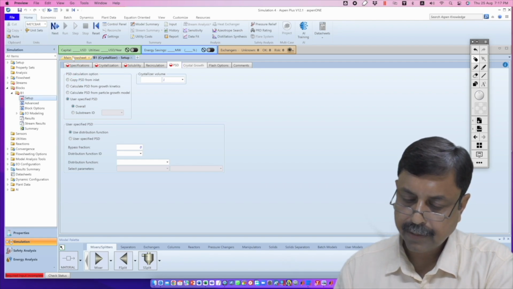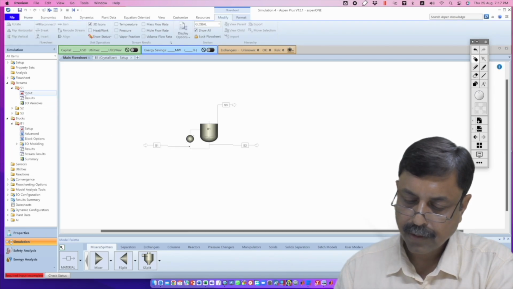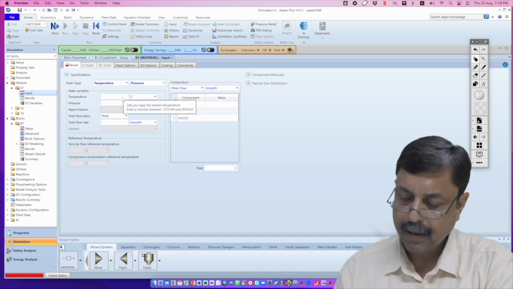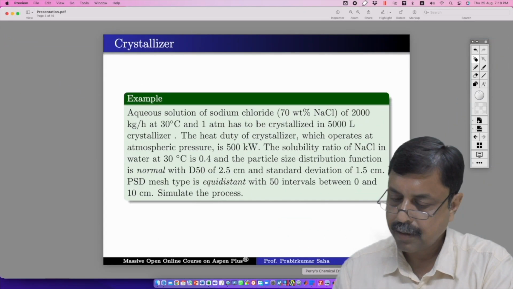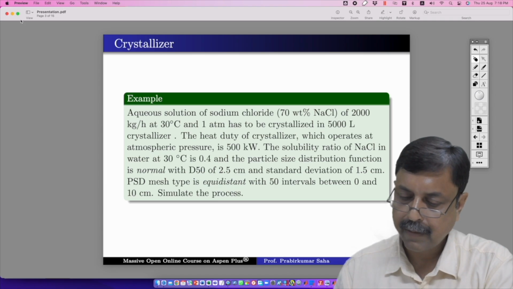First let us go to the stream. We have S1 that we have to fix. So go to S1, and the temperature is 30 degrees and 1 atmosphere, at 2000 kg per hour. The solution is 70 weight percent NaCl, right?